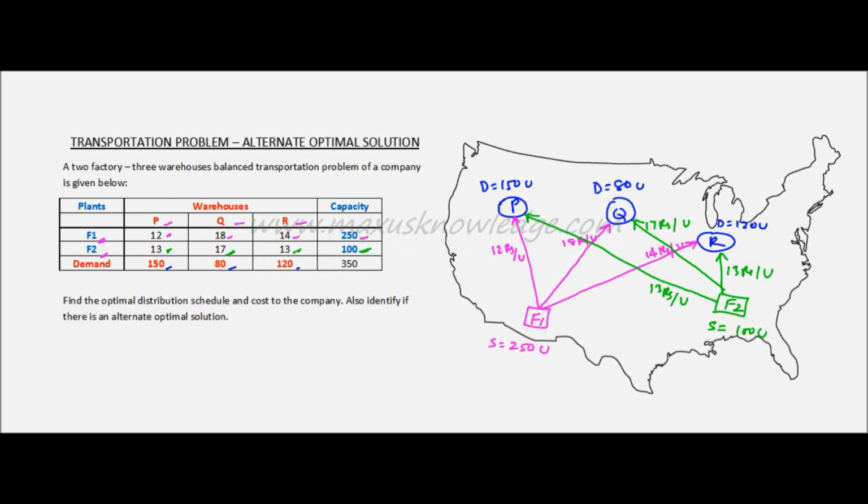We have also been asked to identify if there are multiple optimal solutions for this problem, and if so, what those are. So let's see how we can use the transportation model to obtain a solution to this problem.